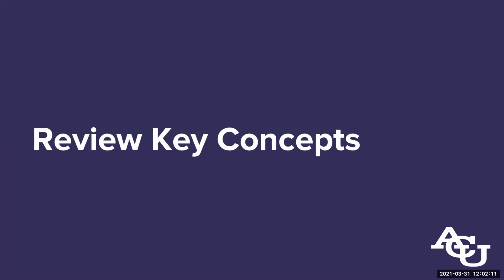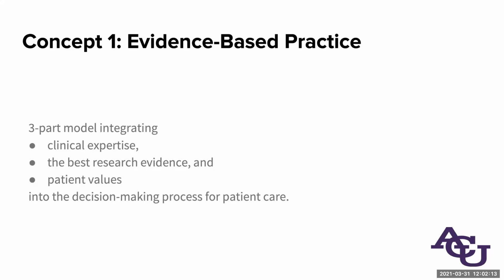So the key concepts that we're going to start out with, well, let's talk about evidence-based practice. Now, this is something that comes back again and again in the program and is a huge part of the doctoral project that you eventually write to complete the DNP part of your studies. And so it's something that bears a little bit of time now just to make sure we've reinforced that.